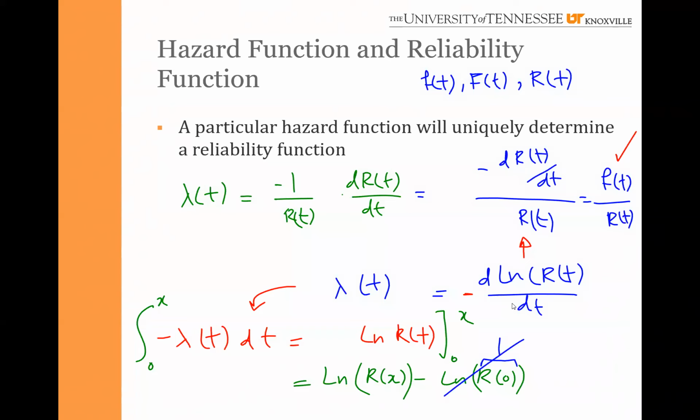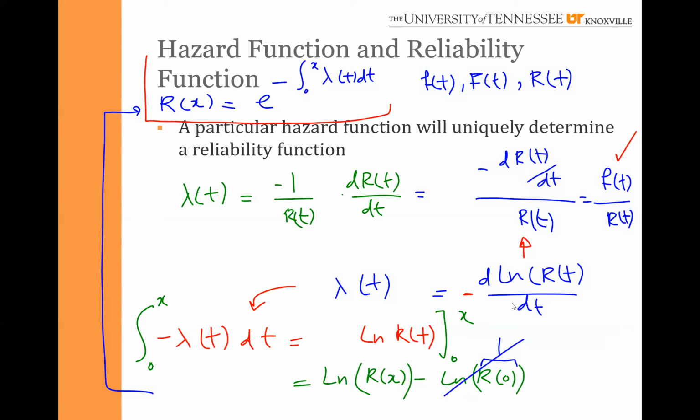What did I set out to do? I want to get my R(x). So if I exponentiate both sides, I got what I wanted. R(x) will be e to the minus integral from 0 to x of lambda(t) dt. That's it.